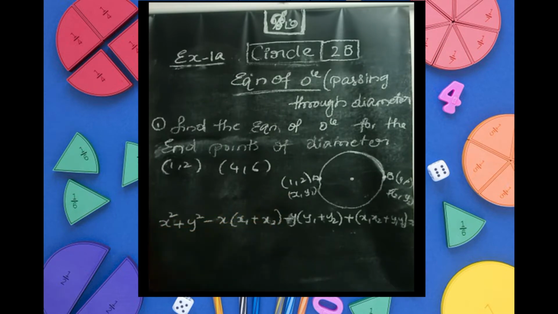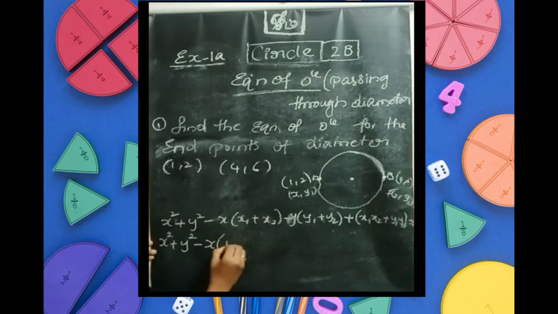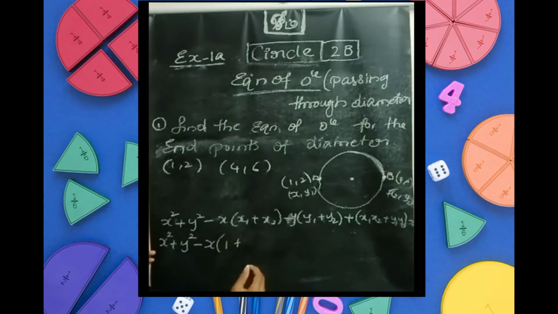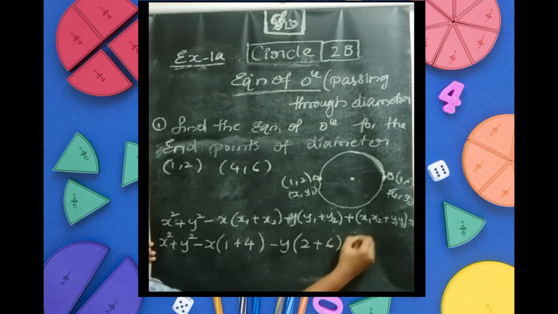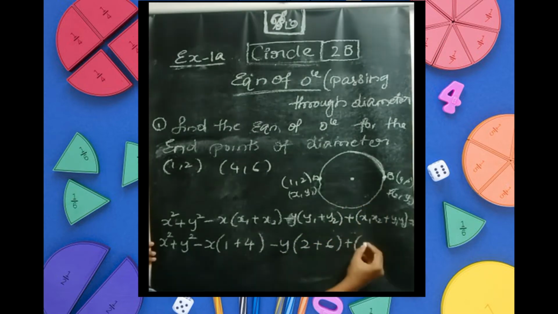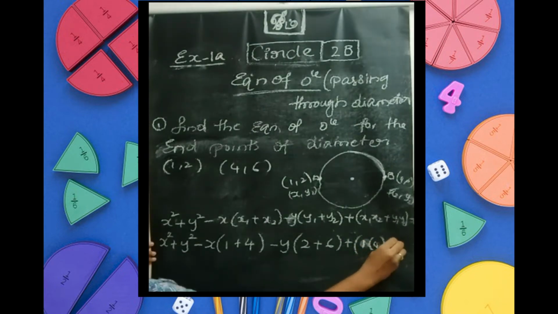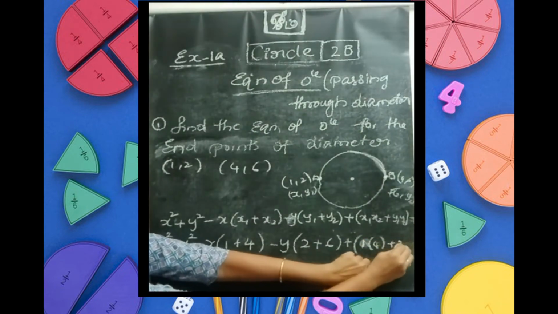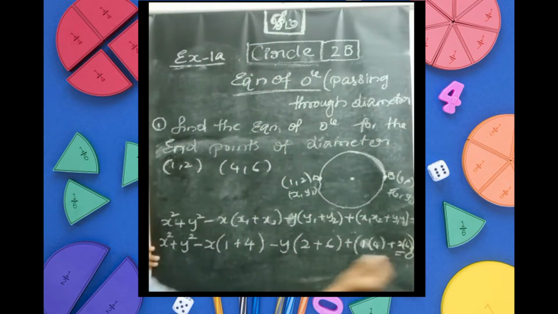Now we have to substitute the x1 y1 values and x2 y2 values. X square plus y square minus x into (1 plus 4) minus y into (2 plus 6) plus 1 into 4 plus 2 into 6 equals 0.